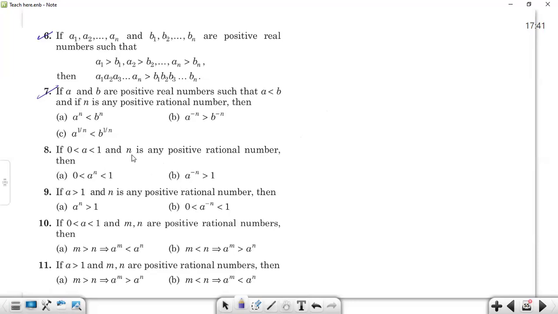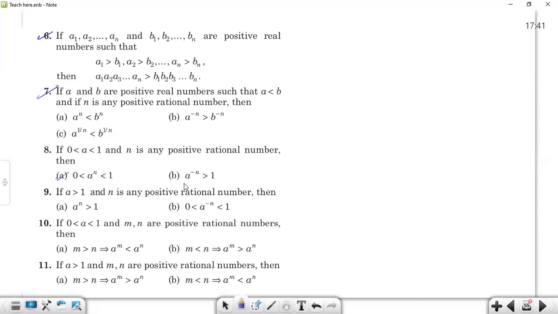And also, if the base is positive, then if we raise its power to anything, it's never going to become a negative number. So property A is also true.